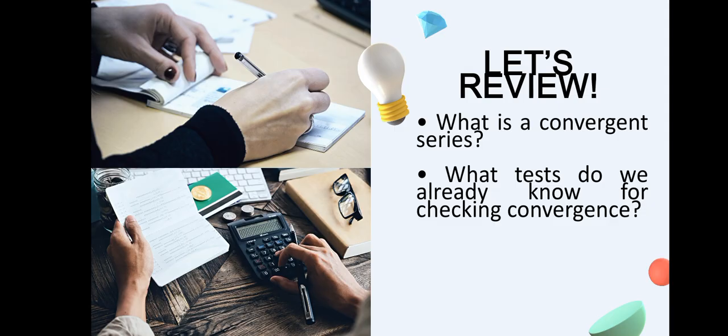Okay, very good. A convergent series is an infinite series where partial sums approach a finite limit. That is, as you add more and more terms, the total sum gets closer and closer to a specific value.